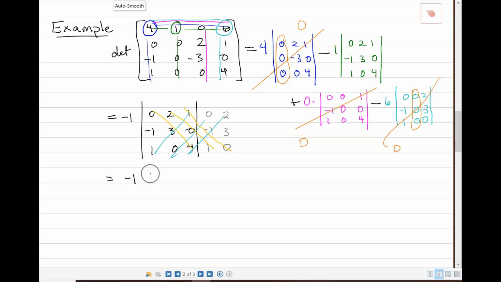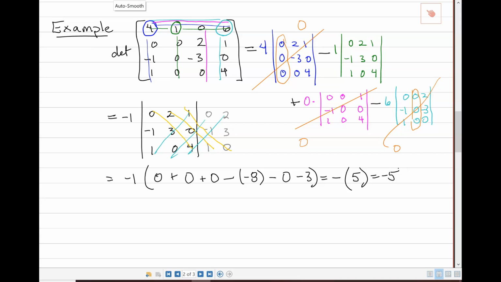We'll get minus 1 times 0 plus 2 times 0 times 1 is 0. 1 times minus 1 times 0 is 0. Minus 2 times negative 1 times 4, that's negative 8. Minus 0 times 0 times 0. Minus 1 times 3 times 1. So this is equal to negative 8 minus 3. This is negative 5.